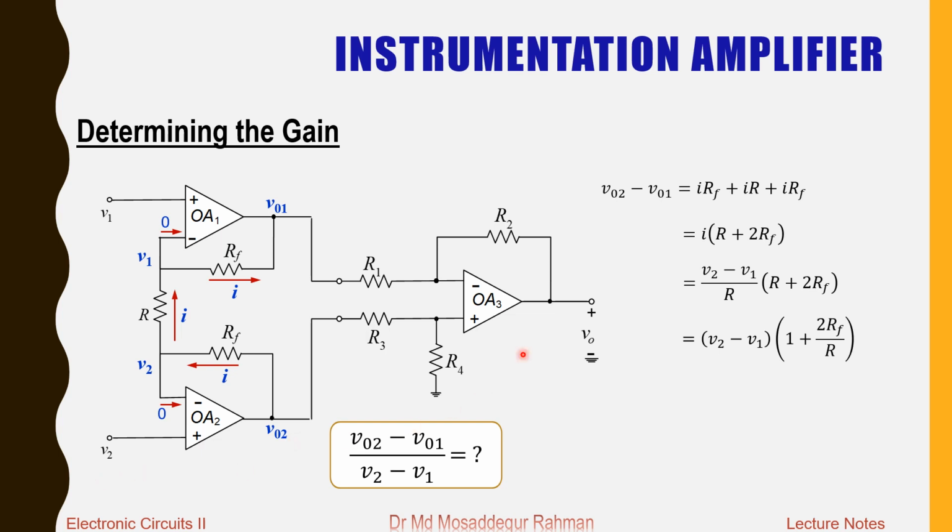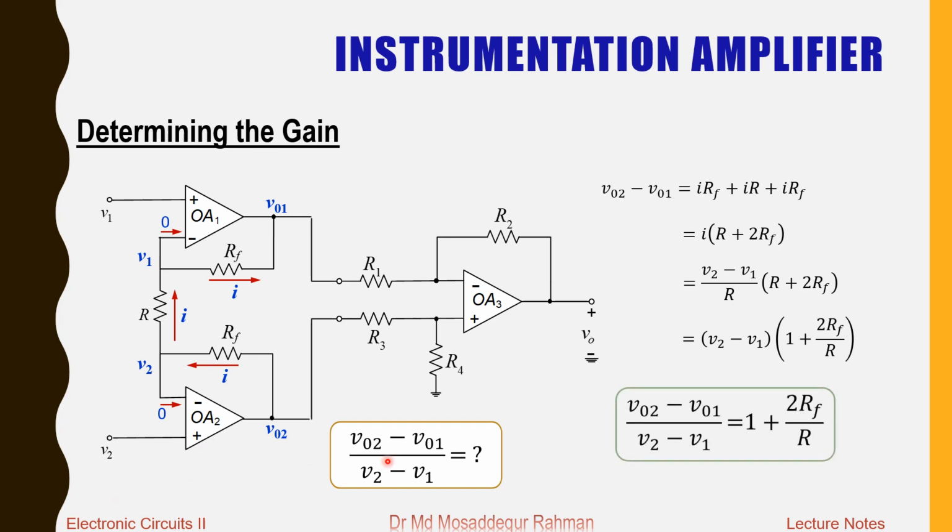So now we have the voltage that we were trying to determine. We have expressed this voltage in terms of the input voltage V2 minus V1, and rearranging the terms of this expression, now we have got the gain expression for the input stage, which is 1 plus 2RF by R.